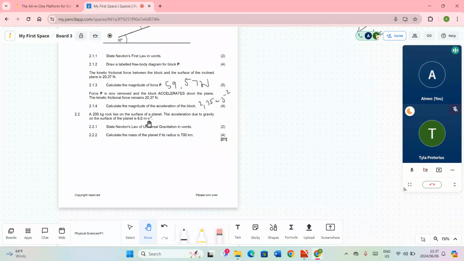The first question, 2.2.1, says state Newton's law of universal gravitation in words.